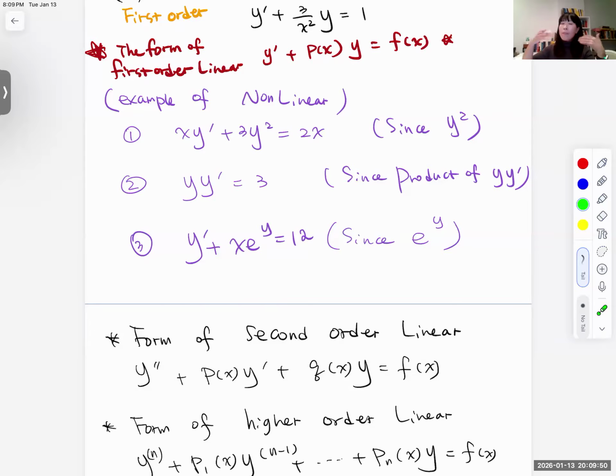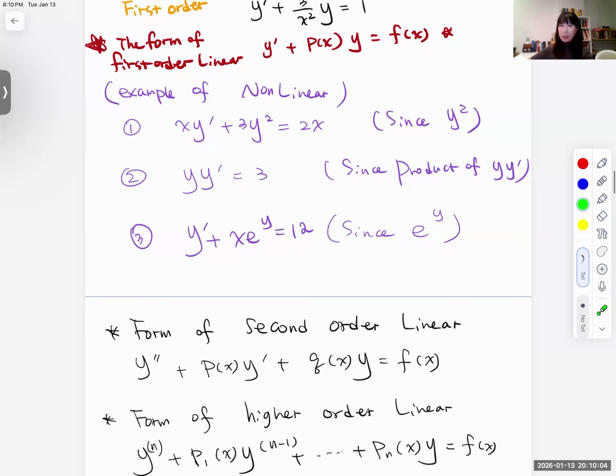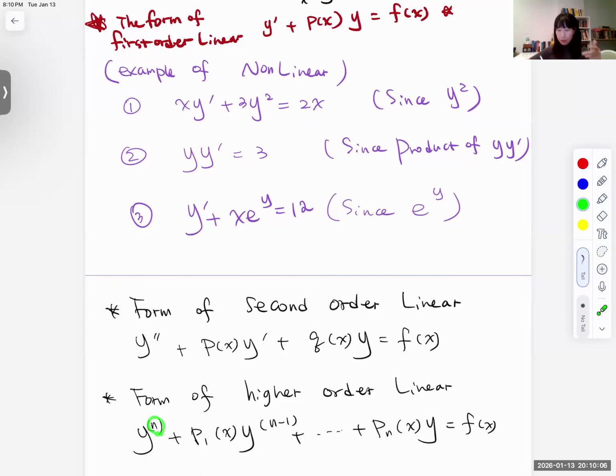Then if we follow the pattern, what is the form of higher order linear? The nth derivative is the highest order, plus the terms with the derivative reduced by one each time, until y, and we have to have y because it's linear.